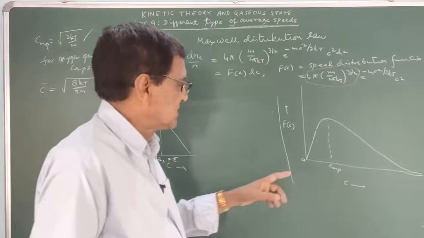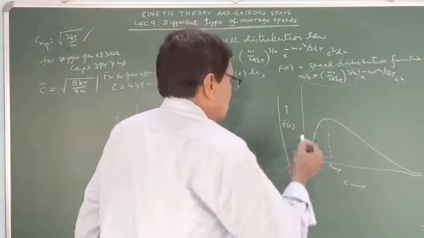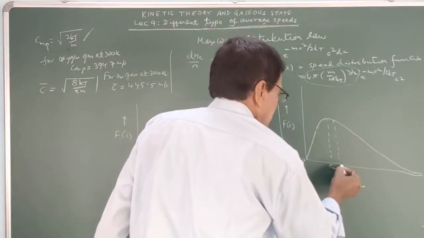So this C_MP is less than C bar. So you can write the same curve, the C bar.